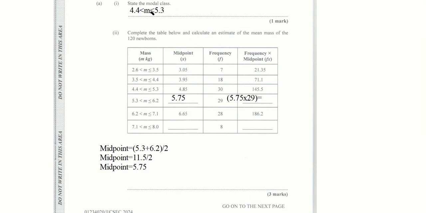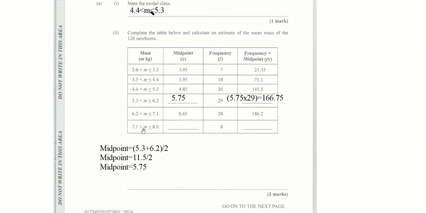And that is equal to, okay, so if you use a calculator, 5.75 multiplied by 29, you're going to get 166.75. Let's just make this a little bit bigger so it could fit. Right, that is the answer for this section here.